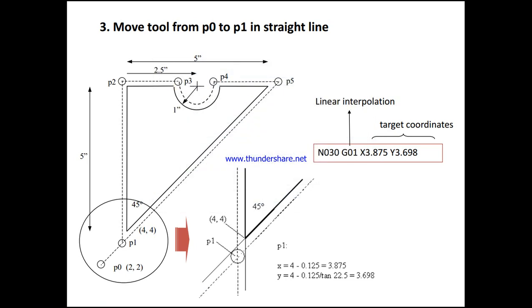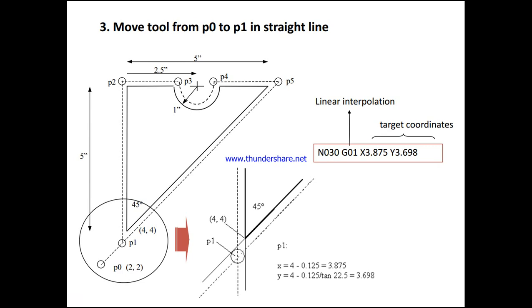You can see here the target coordinates, X 3.875 and Y 3.698. How is this 3.875 obtained? X is equal to 4 minus 0.125. So here we have 4 and 4. By taking this 4 minus 0.125 divided by tan of 22.5, so by applying the tangent we get this one.